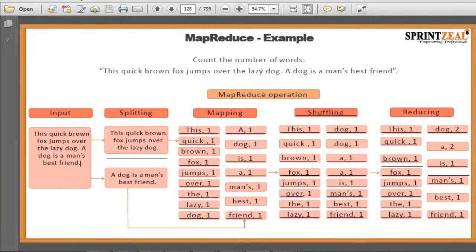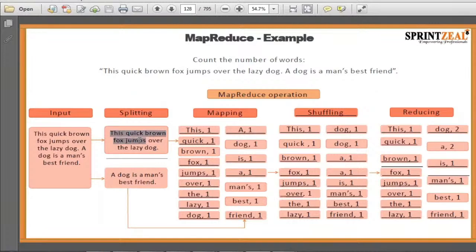Assume this is a very large file, and the size of this file is 200 MB. If the file is 200 MB, how many blocks is it going to get split into? It will be two blocks. So let's say these are the 2 blocks.